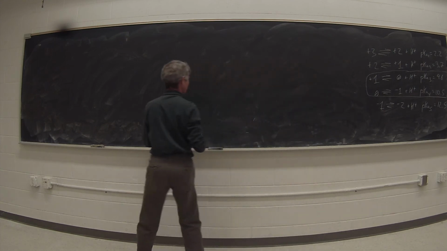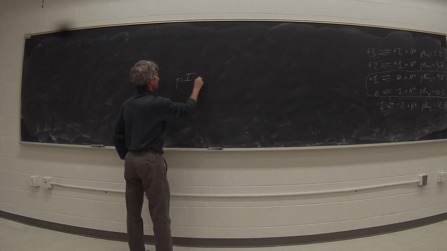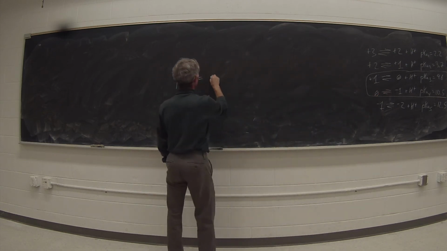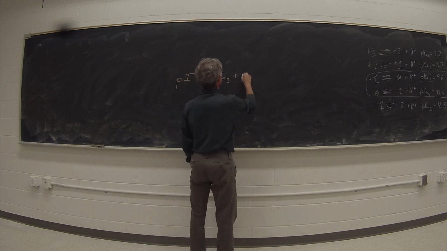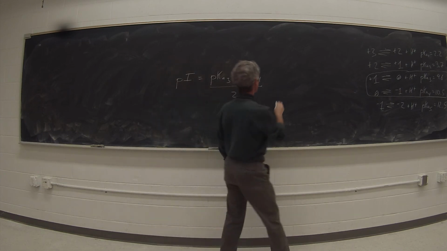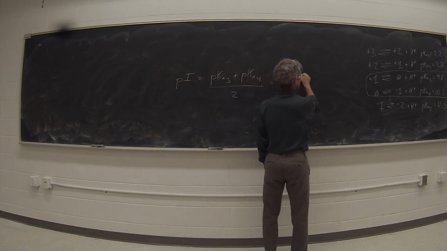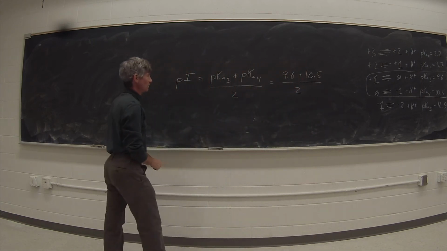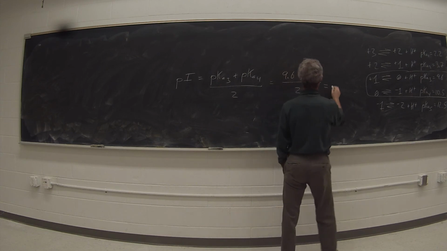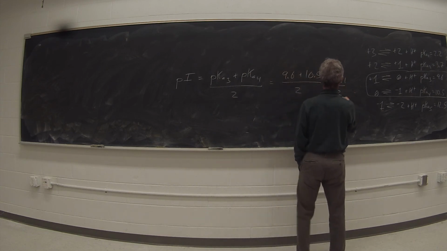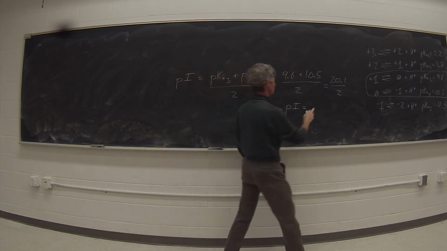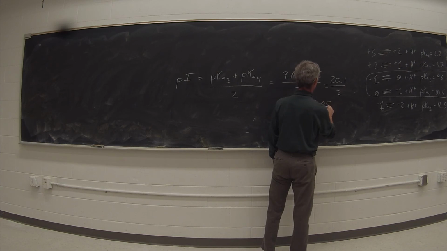So to calculate our isoelectric point, we take the 2 pKa values on either side, and it's going to be pKa3 plus pKa4 divided by 2, the average of those 2, which is equal to 9.6 plus 10.5 over 2. That's equal to 20.1 over 2. So the isoelectric point in this case is equal to 10.05.